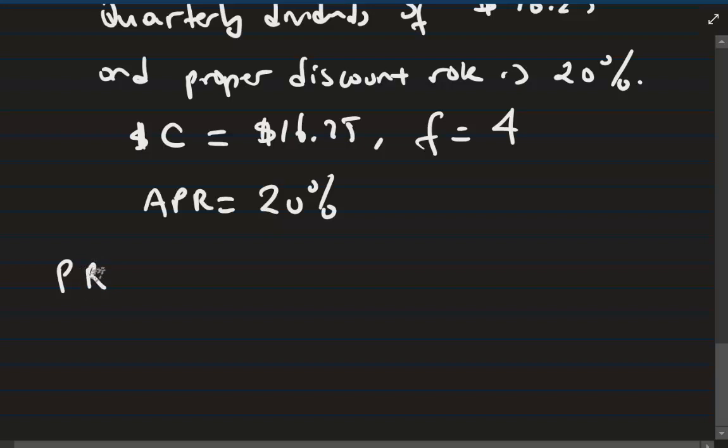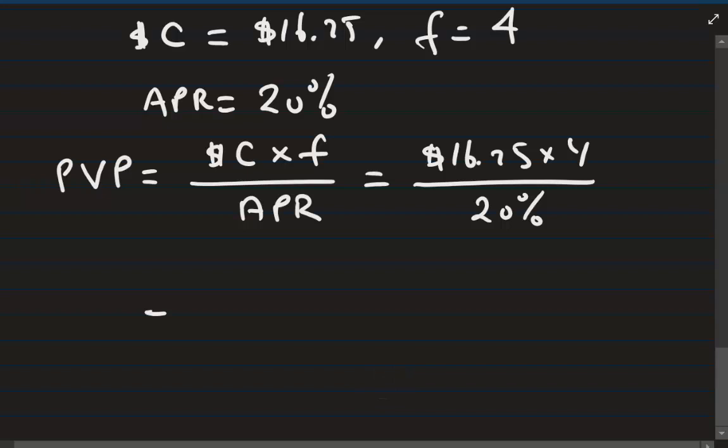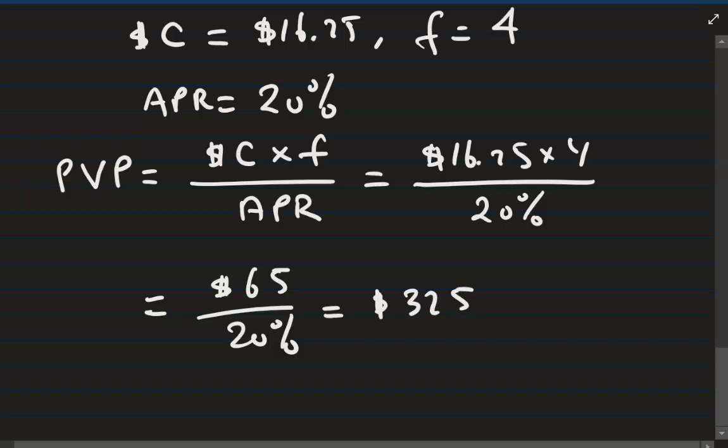Periodic payments times frequency divided by APR. Well, 16.25 times 4 divided by 20%. So that's $65 that you get in a year divided by 20%. Well, dividing something by 20% is like multiplying it by 5, so that would be $325.